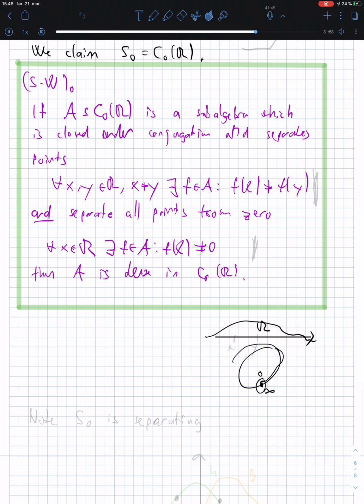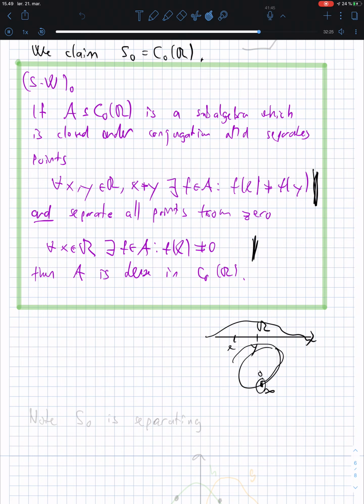Right, so this means that the functions that I'm looking at are generic functions, except they're all 0 at this added point that I got when I one-point compactified. And then the assumption that I have here means that the old points in R, x and y, are separated by f, and this condition here is that we're also separating points from the infinity point, right?